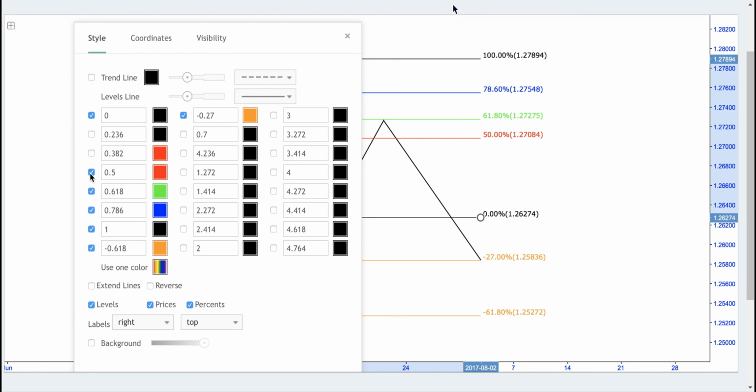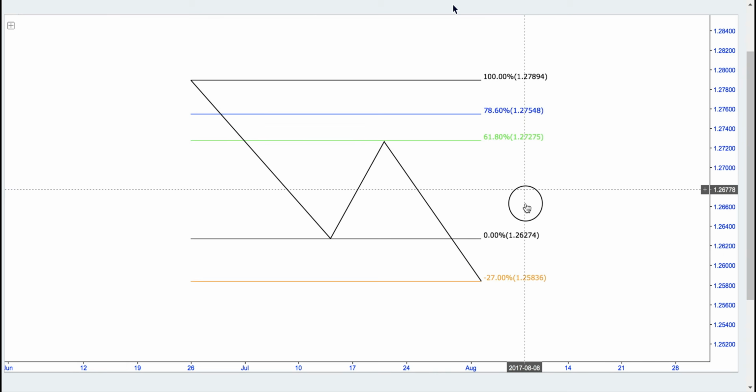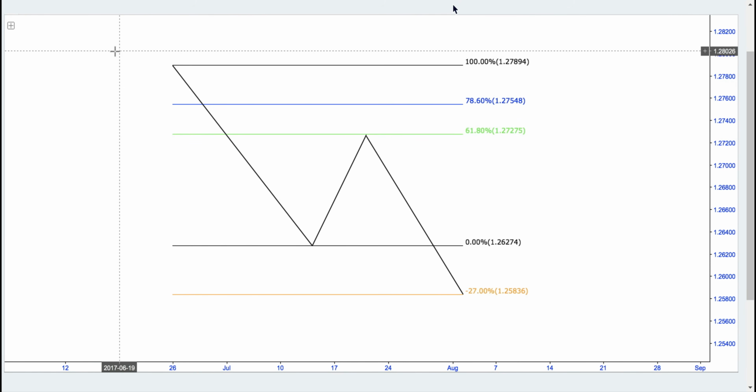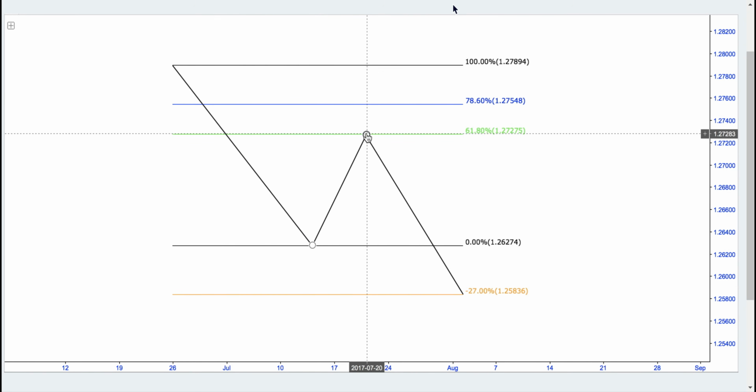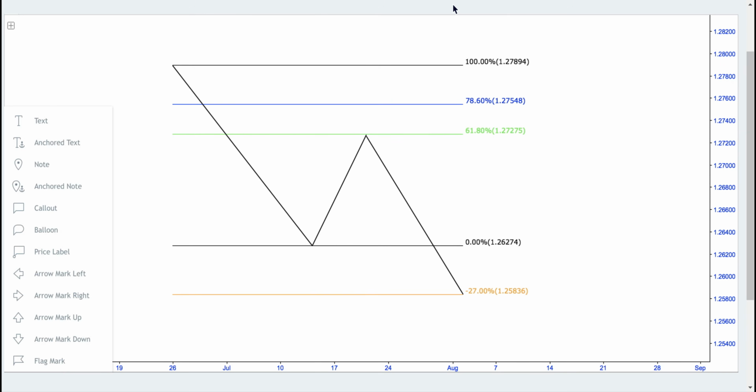Remove the 38.2, remove the 50%, and remove D2. So now what we're left with is fib A, 100% down to fib B. Fib C is going to come in two variables.